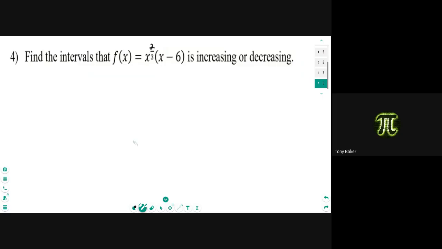All right, increasing and decreasing. Yes, you will need to do the product rule.